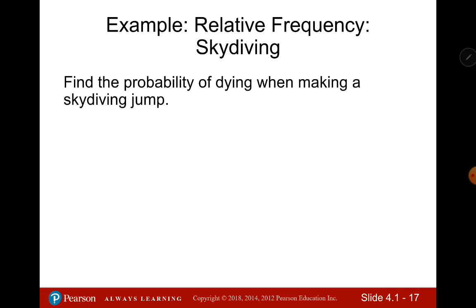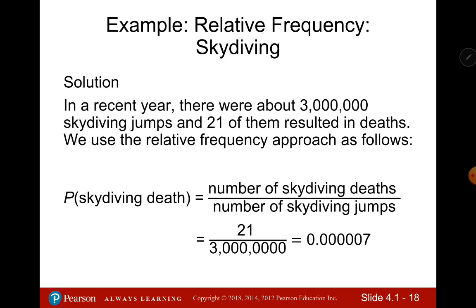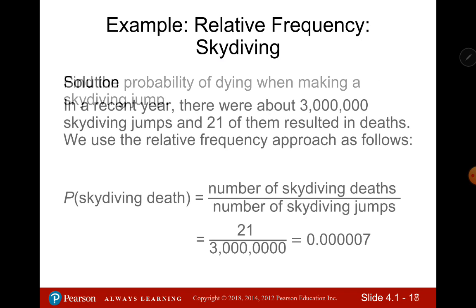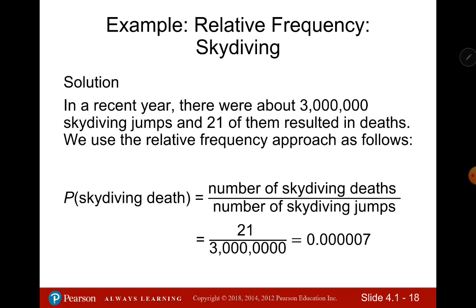Let's check the example. In this example, we will just use the relative frequency method to get the probability. We try to find the probability of dying when making a skydiving jump. And we have some numbers.